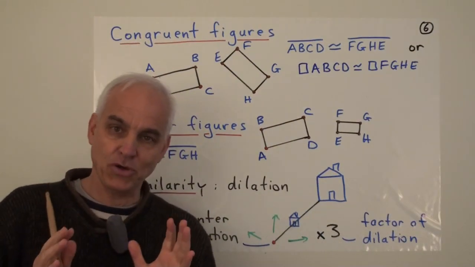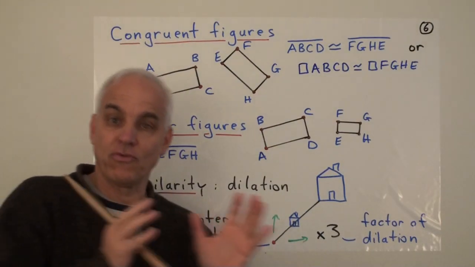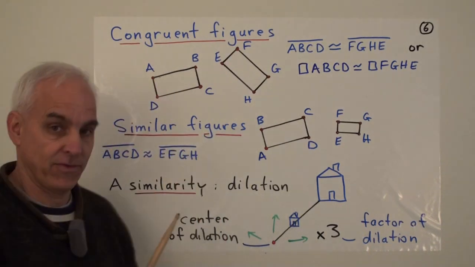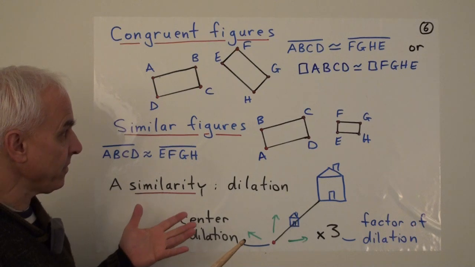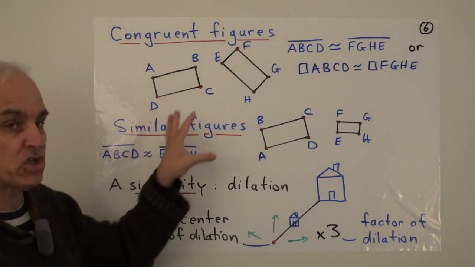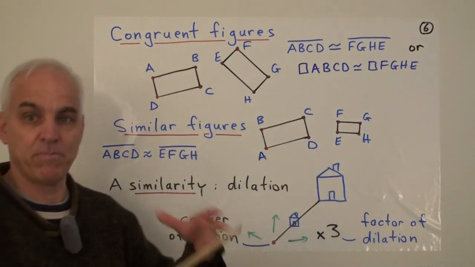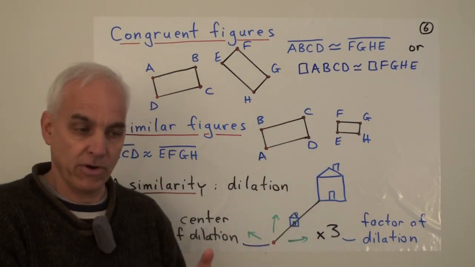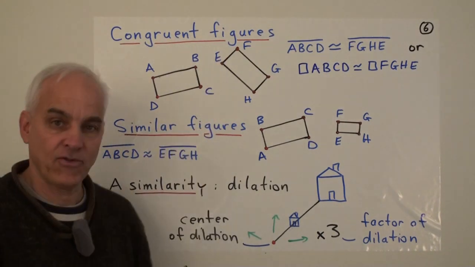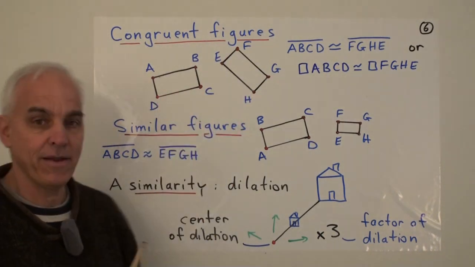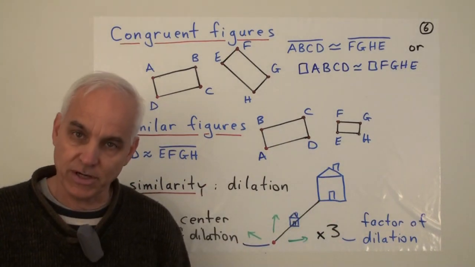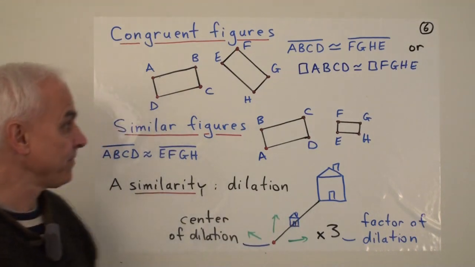Okay, so closely associated to the idea of a congruence or an isometry is the idea of congruent figures. A figure is a very general word that applies to any configuration in the plane. It's like a picture, a mathematical picture. We would call that a figure. And we say we have congruent figures, like this one and this one, when they are connected by an isometry or a congruence.